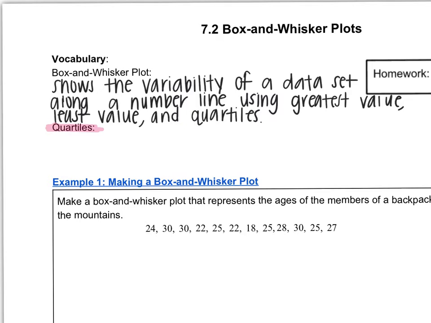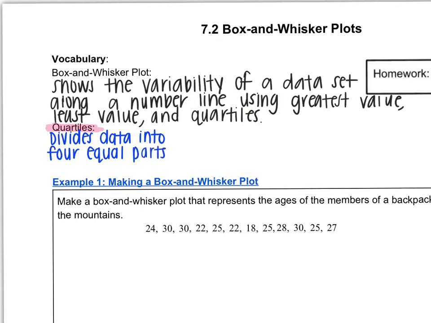It has quart in the beginning. Quart, like quarter, is 4. So quartiles divide the data into 4 equal parts. That's what a quartile does.